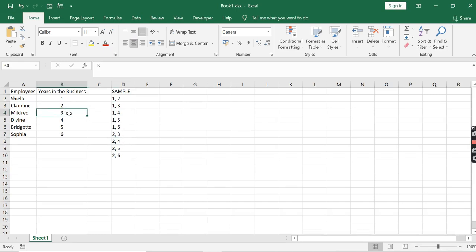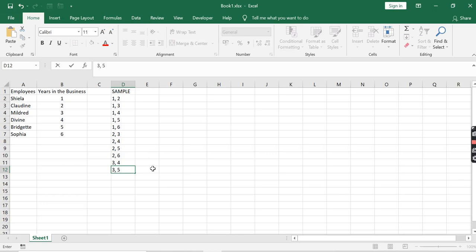Okay? So let's pair 3, 4. 3, 5. I hope guys you recognize the pattern how I pair those values. Okay? So I think this is the easiest way to pair such values. And 3, 6. Next, let's have 4, 5. Let's have 4, 6. And let's have 5, 6.